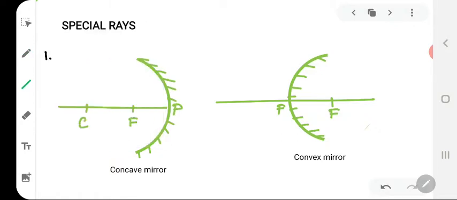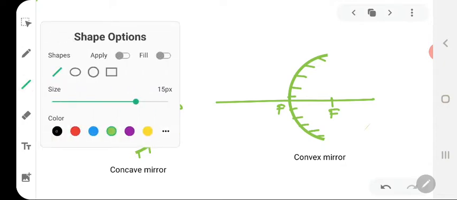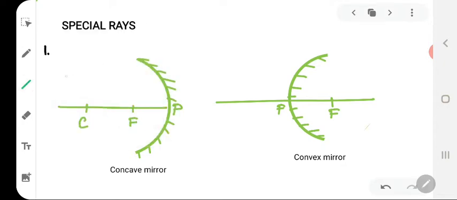Now, whenever we are drawing ray diagrams, it is very important to make use of a scale because we need to draw straight lines. Let me just change the color a little bit. So, a ray of light which is traveling parallel to the principal axis.